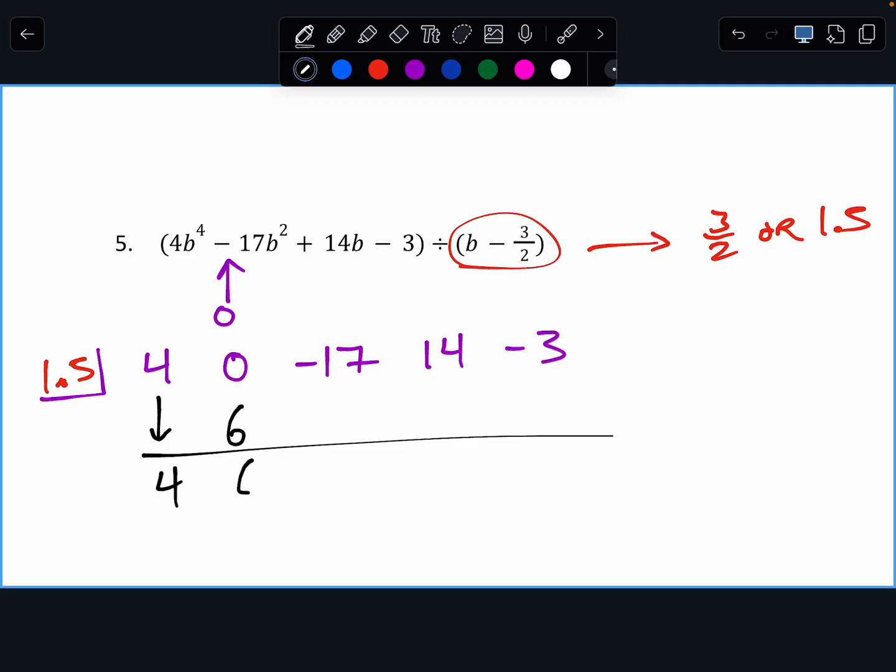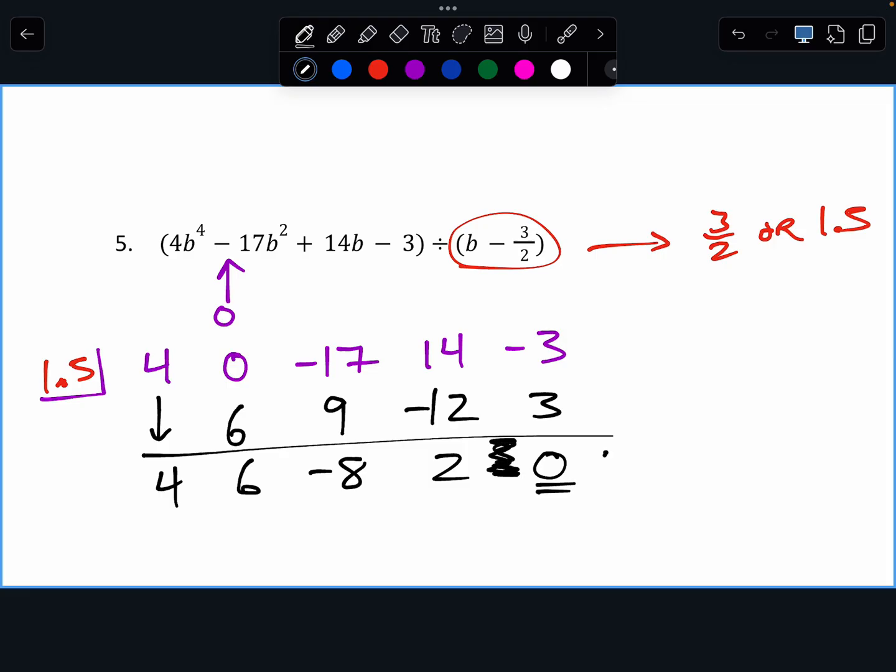Add down, that's 6. 6 times 1.5 is 9. Add down, that's -8. -8 times 1.5, that's -12. Add down, that's 2. 2 times 1.5 is 3. Add down, you get 0, which is what we want.